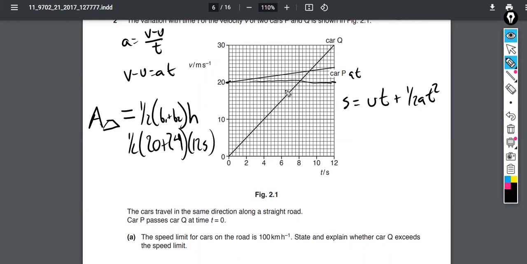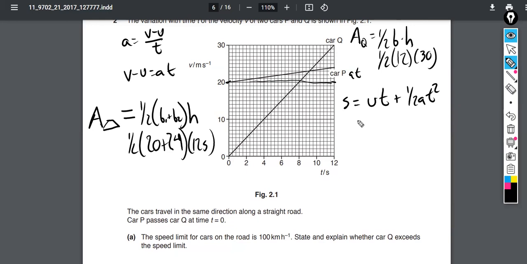It's a trapezoid. We need to use the area of a triangle for car Q over here. So for Q, 1/2 base times height, 1/2 times 12 times 30. This will give us the distance covered by Q. This will give us the distance covered by P. And I bet this number is bigger than that number, and by how much will be the answer to our question.